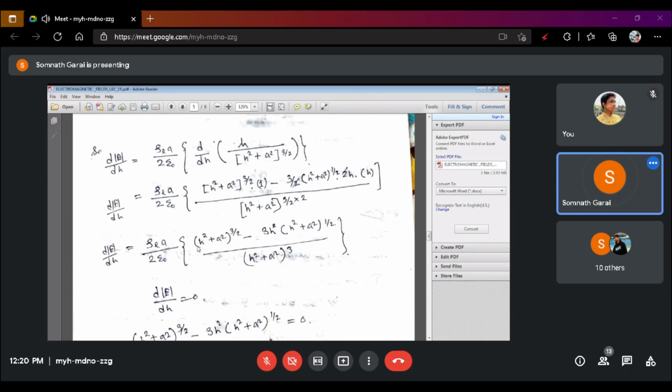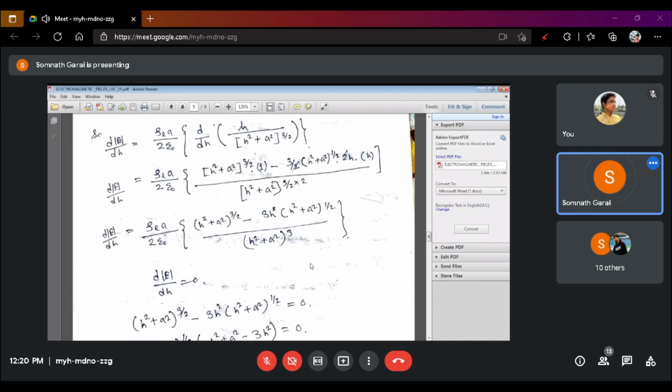Now we calculate it. (H square plus A square) to the power 3 by 2 minus 3H square into (H square plus A square) to the power half, divided by (H square plus A square) to the power 3.